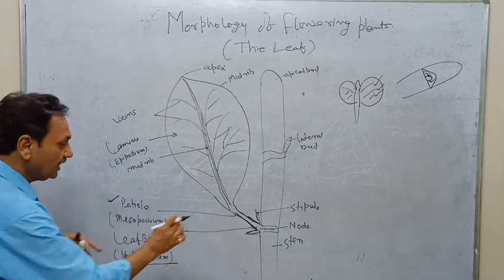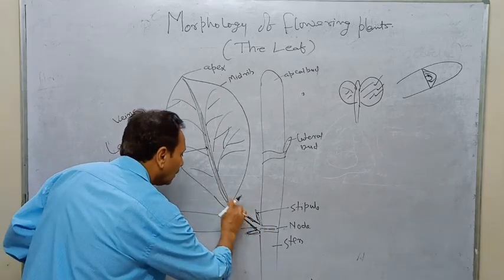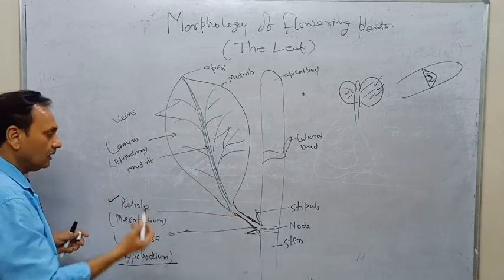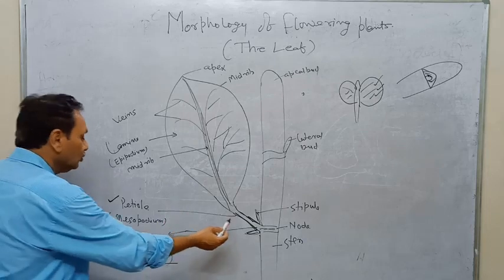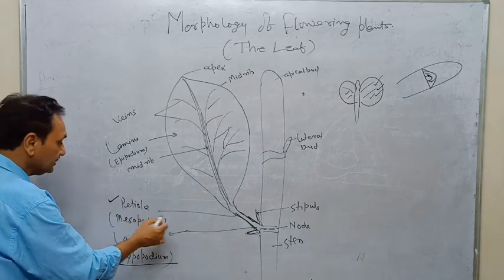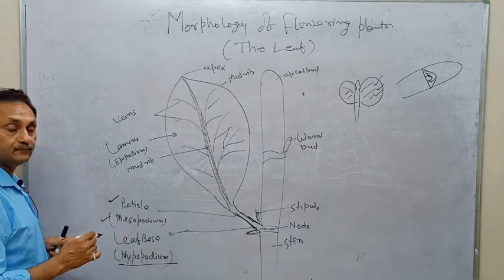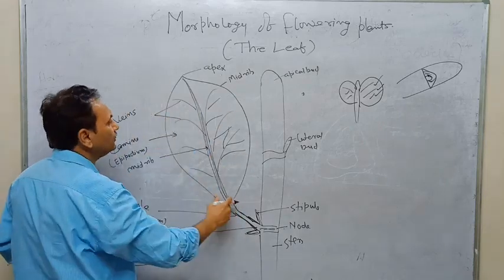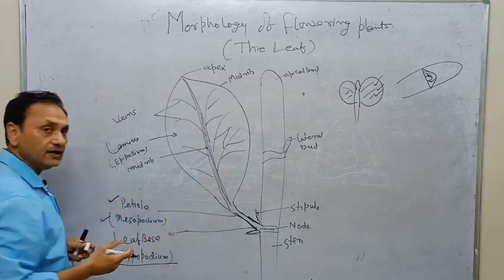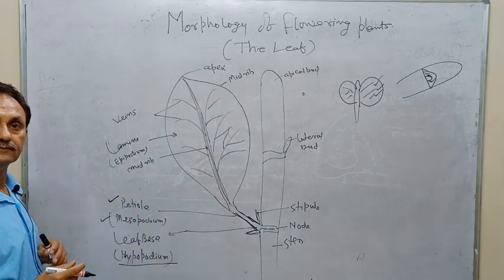From the leaf base, a long cylindrical structure is produced, called the petiole, and this is also called mesopodium. On this petiole, a lamina is formed, and this lamina is called epipodium.